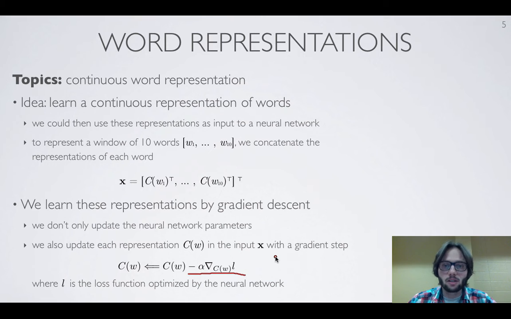And so as the neural network trains, it will not only adapt its connections, its hidden units, and its output units to perform the task better, it will also adapt the word representations themselves so that it's better able to learn the task that it has to solve.